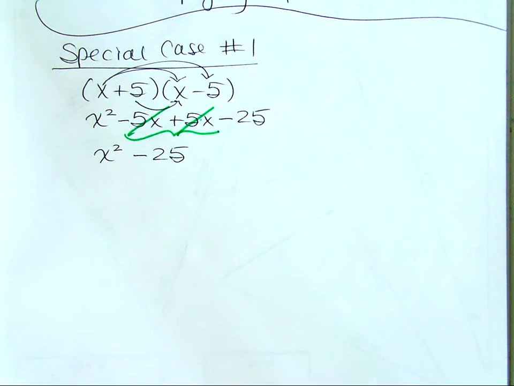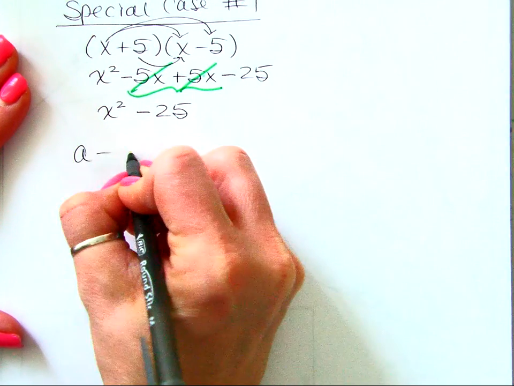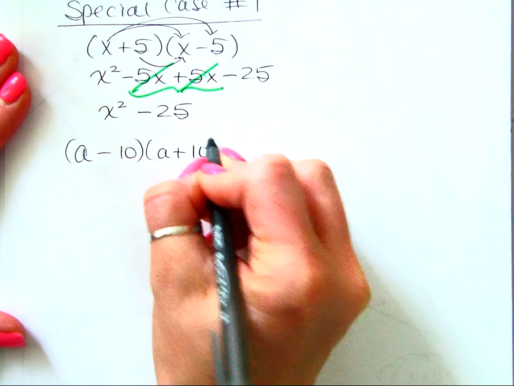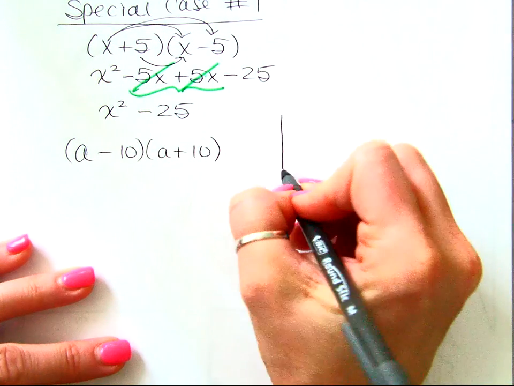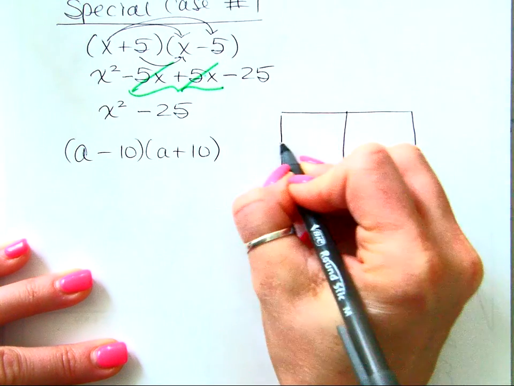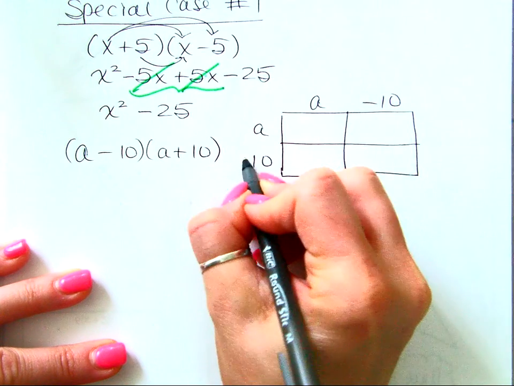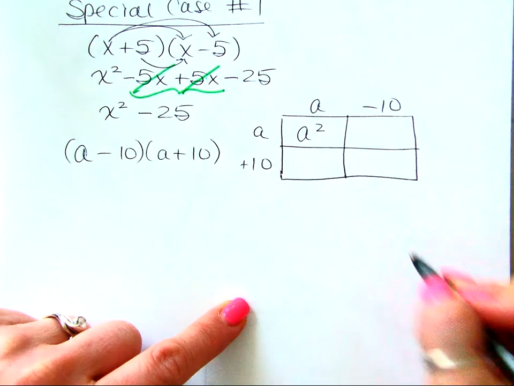Okay? I'll do another one. See if you can pick up on this. A minus 10, a plus 10. This time I'll do box method for you boxers out there. So here's my box method, an a minus 10 and an a plus 10. It's still going to give me my a squared.